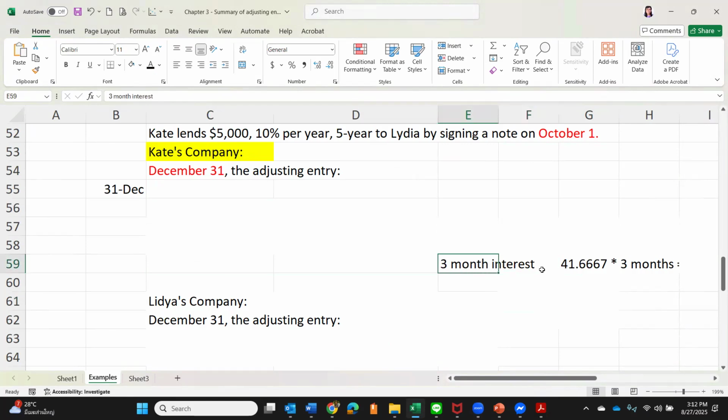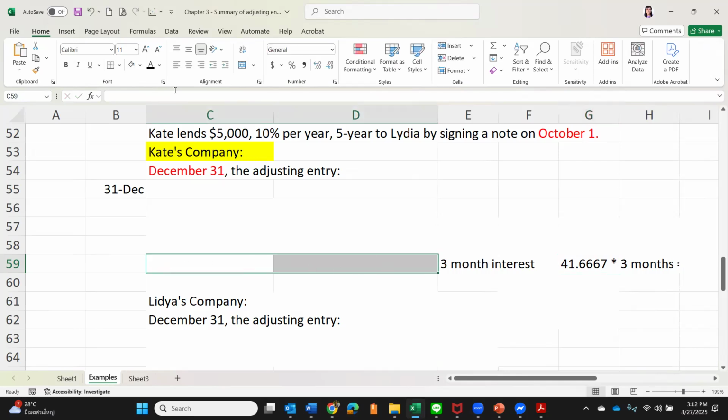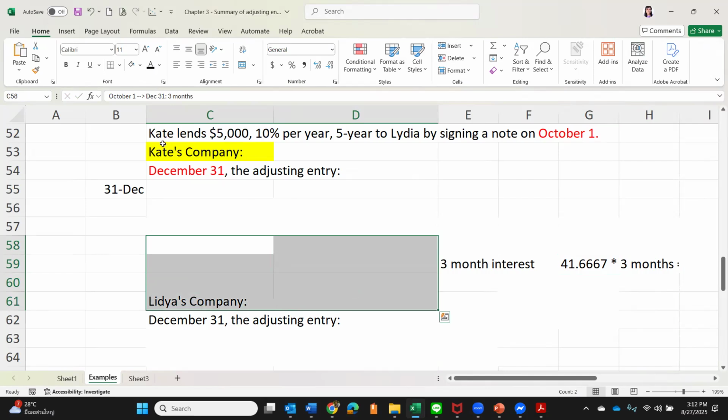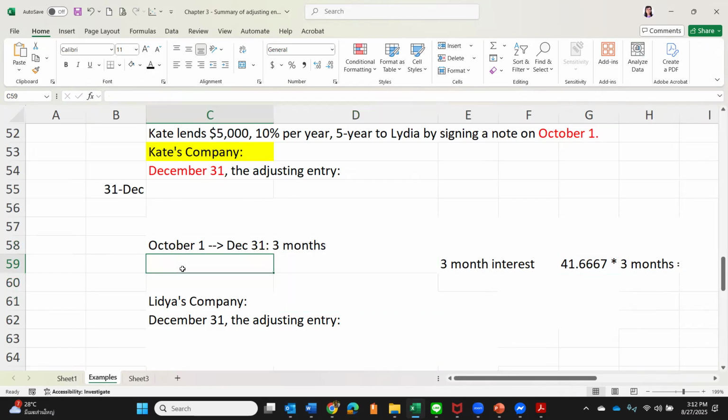Now, how can we find the 3 months of interest? The note is $5,000 at 10% per year.